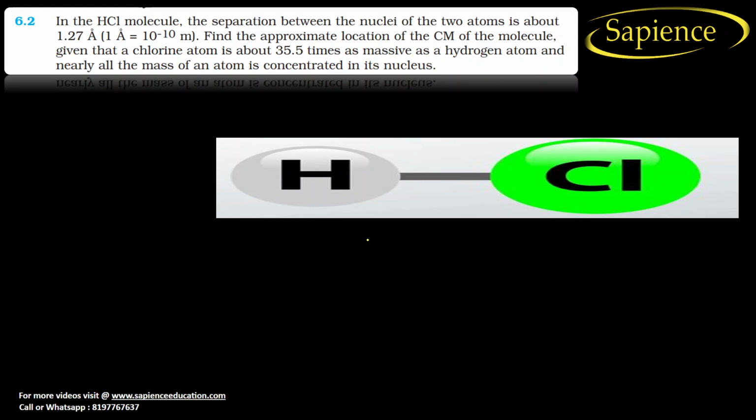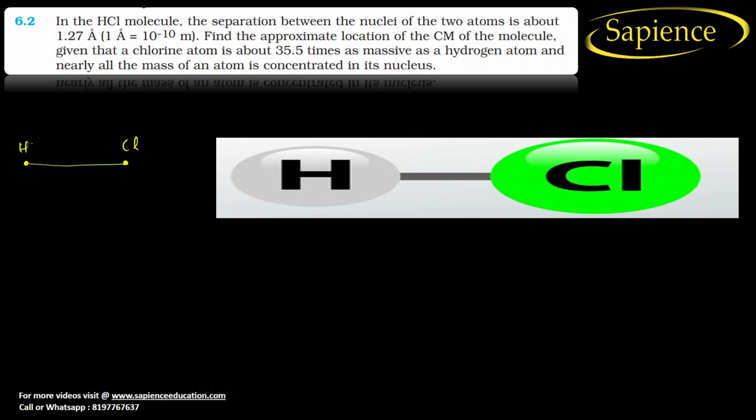So this is hydrogen and this is chlorine. Let us draw them: this is H and this is Cl. As we know, the whole mass is concentrated at the nucleus only. Now, we can join them.